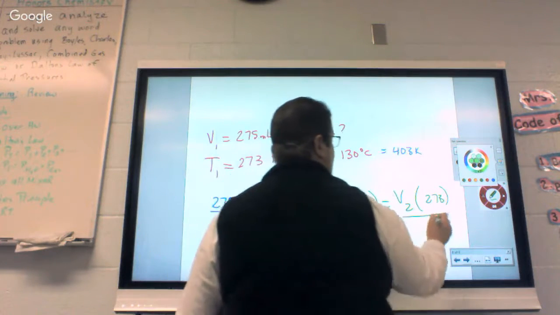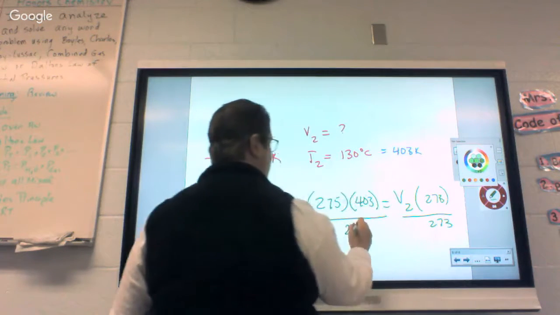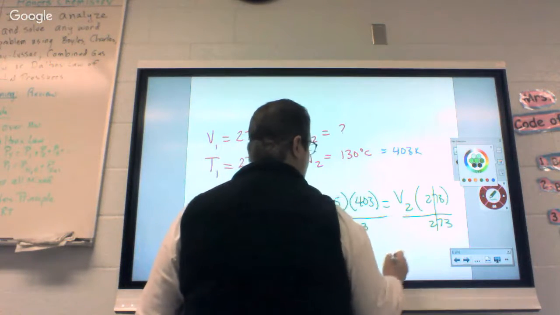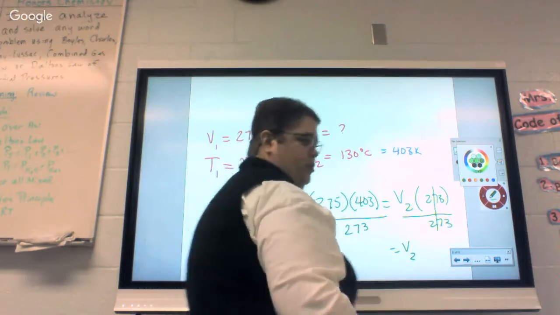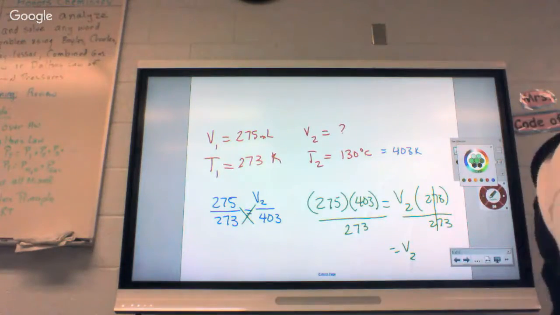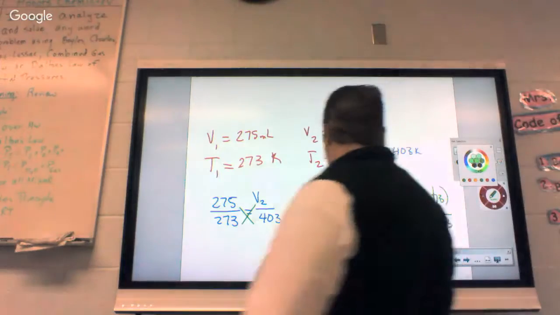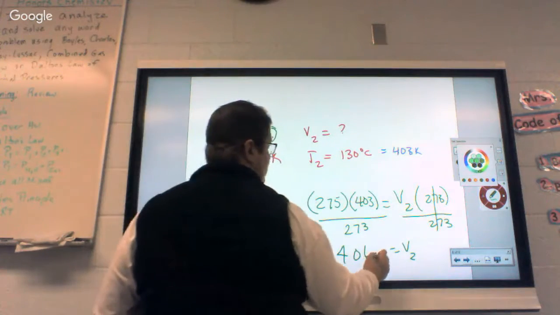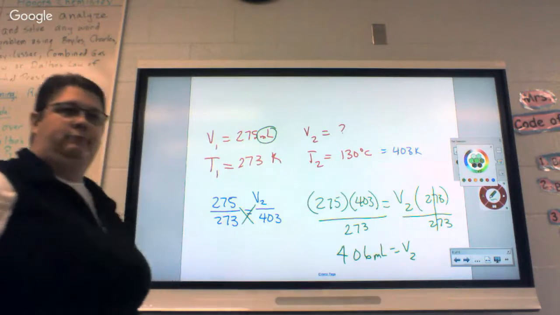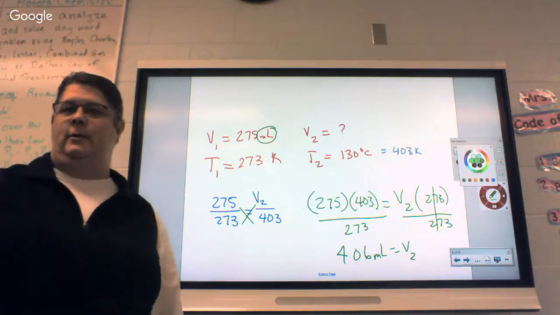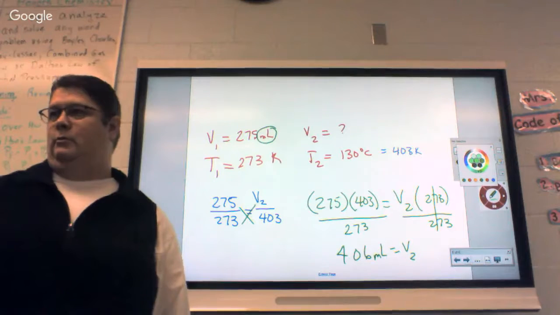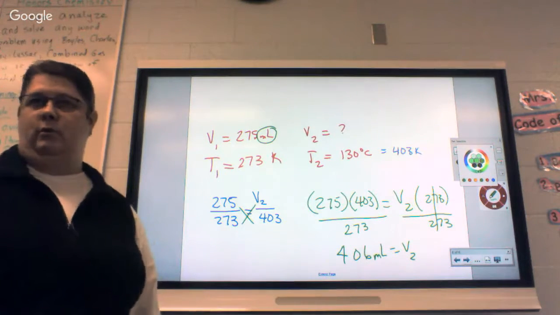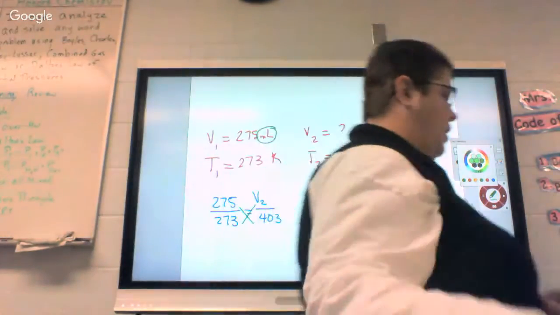So divide here by 273, divide here by 273, and we're going to get V2 equals... I'm going to cheat for a second, number 11 was 406. 406, my units have to match, it's got to be milliliters. Okay, makes sense? Anybody else have a question? We feel okay about the homework and where we went wrong?